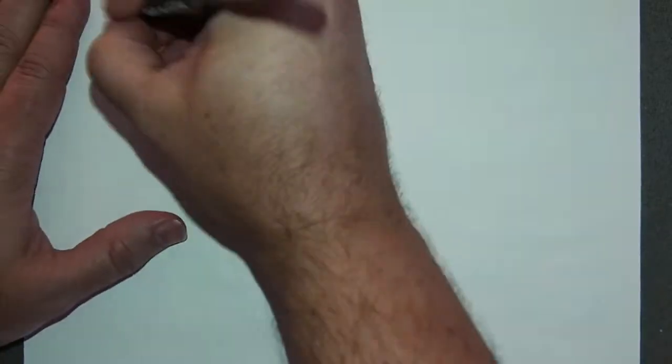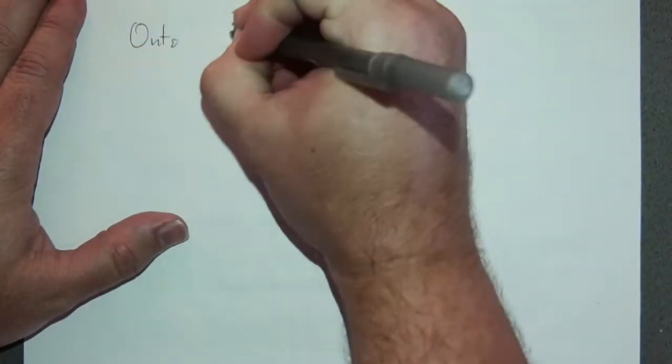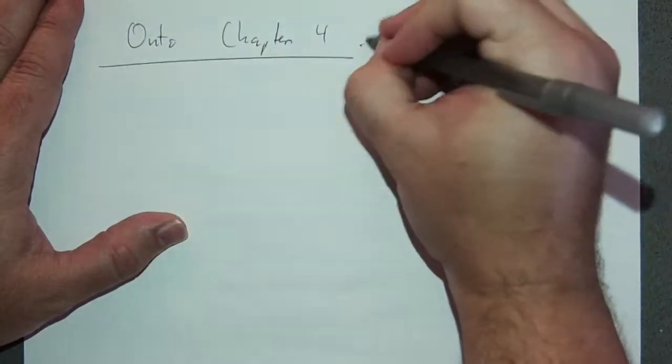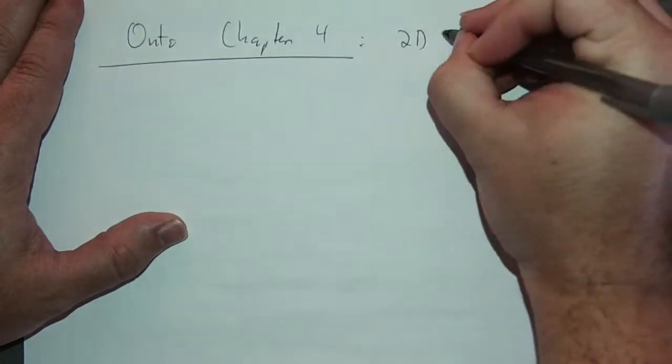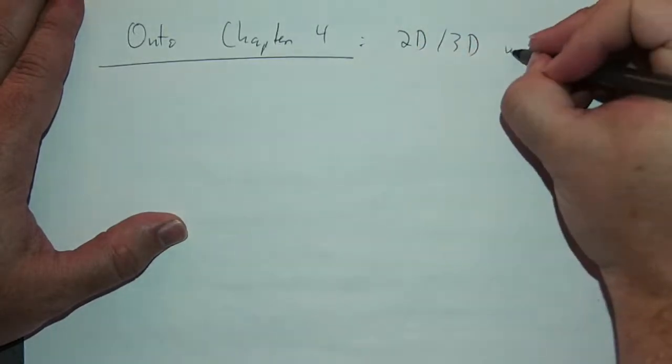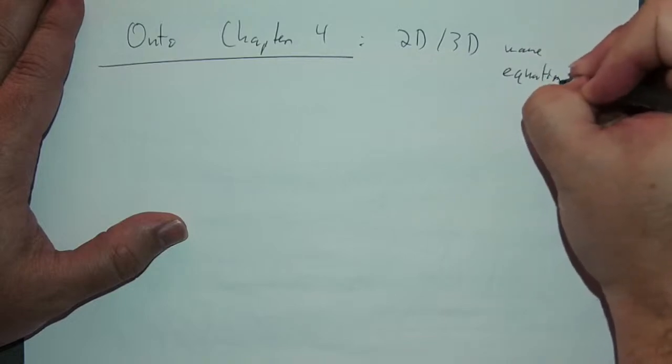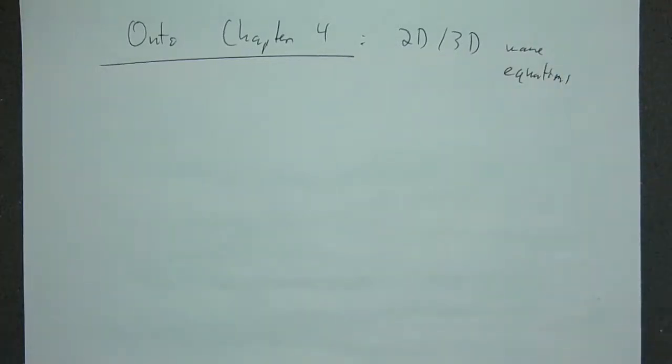On to chapter 4, which is 2D and 3D wave equations. So what are we doing here? We can just do these simultaneously.